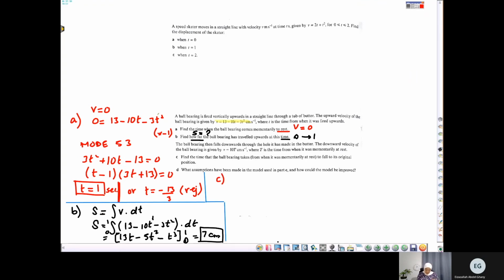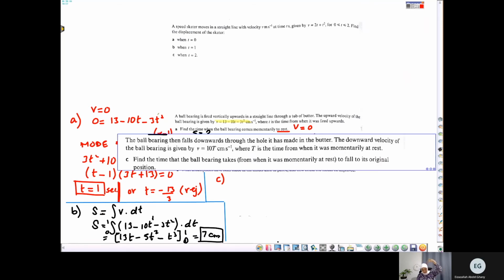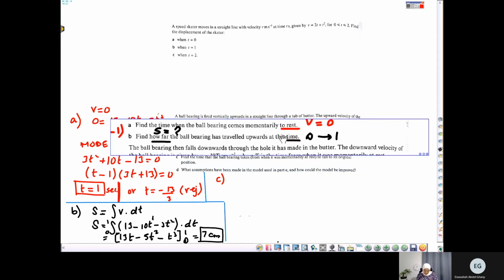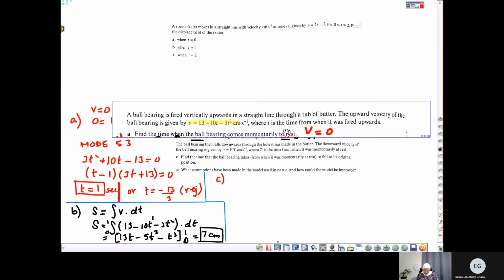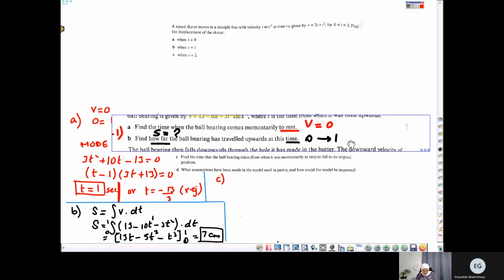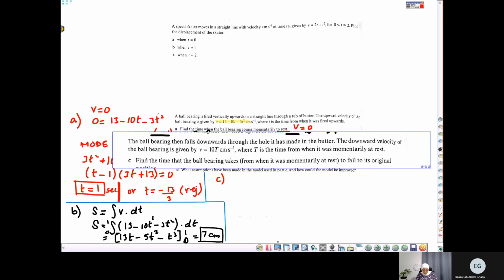Next, part C. The ball bearing then falls downwards. Remember, it was fired in the beginning of the story vertically upwards through a tub of butter. And when it went up, it has to fall down again. So the ball bearing then falls downwards through the hole it has made in the butter.